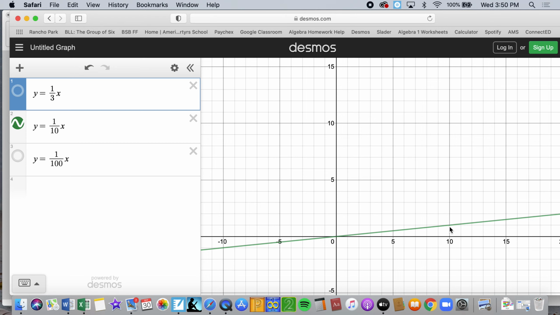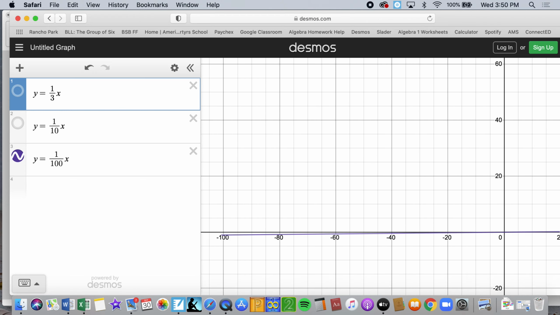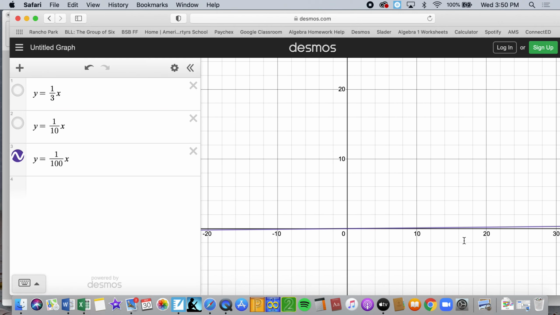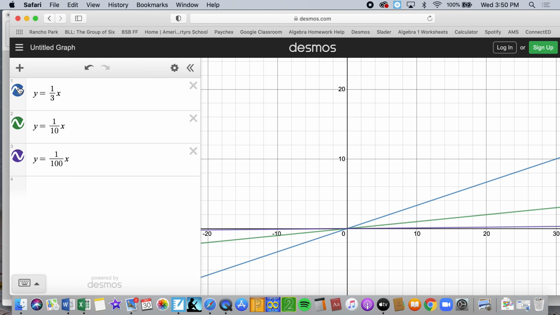So we're going to go way, way out there. And then we go up 1, and then out another 10. And if we do 1 over 100, that means we go up 1 and then out 100. So that's going to be super flat. So notice the difference. As that denominator gets bigger, it's going to be even more flat of a line. That slope is going to get flatter and flatter.